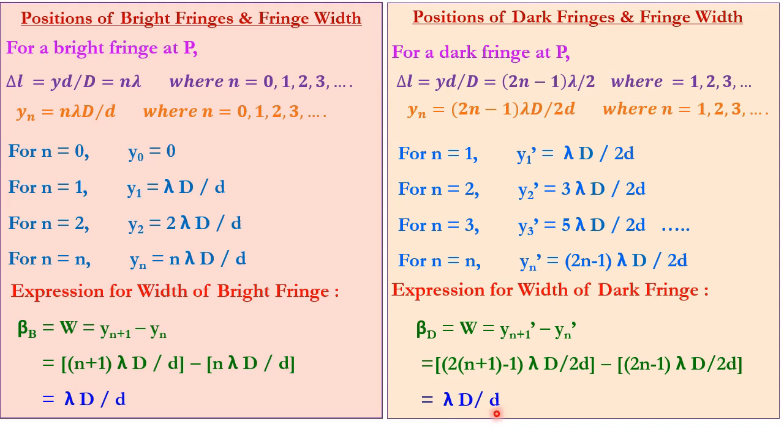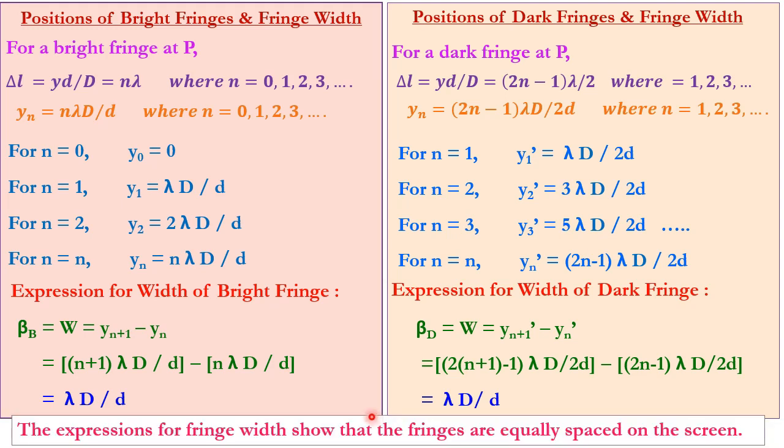So from this we can see that fringe width for bright fringe or for dark fringe is same, or we can say the expression for fringe width is same. So fringes, whether it is bright fringe or whether it is dark fringe, they are equally spaced on screen.